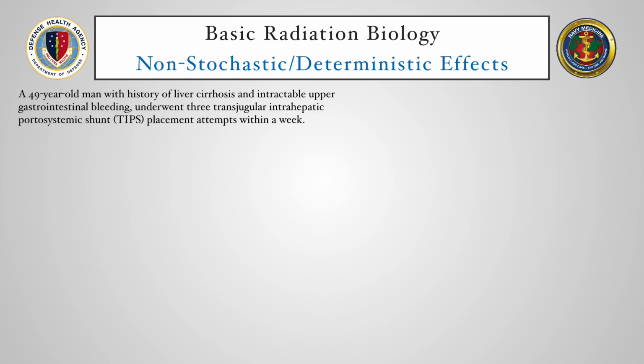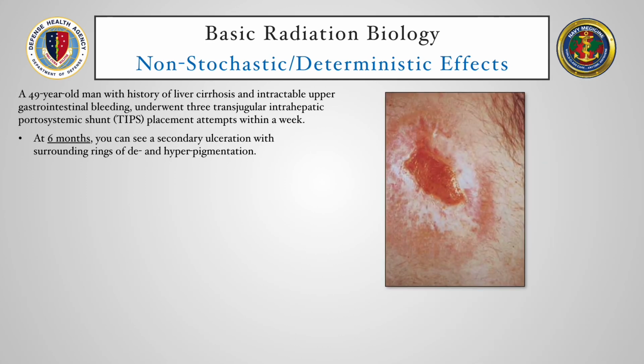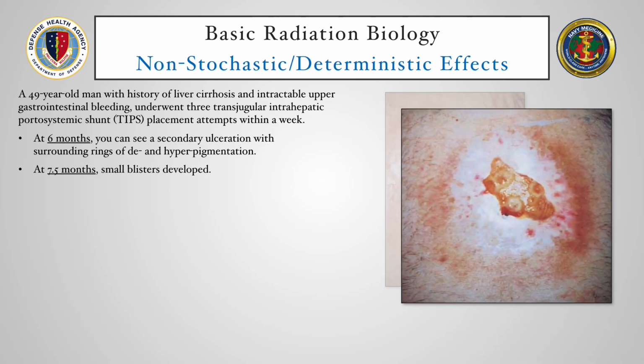We have a 49-year-old man with a history of liver cirrhosis and gastrointestinal bleeding. He underwent 3 TIPS placements or attempts within a 1-week period. At 6 months, you can see a secondary ulceration with hyperpigmentation. At 7.5 months, you see small blisters develop.